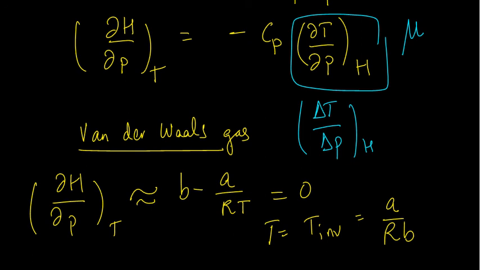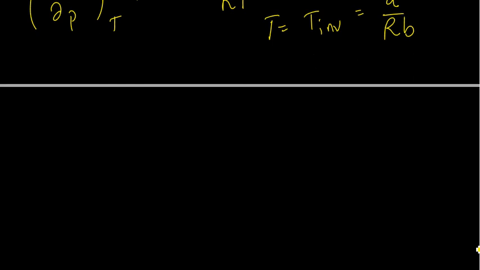If their average speeds are reducing, there is a fall in temperature. So, below the inversion temperature, the gas cools.